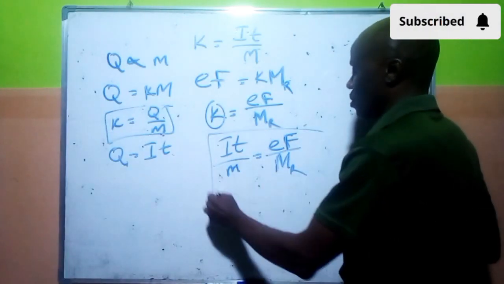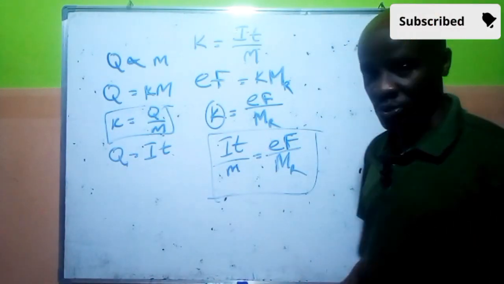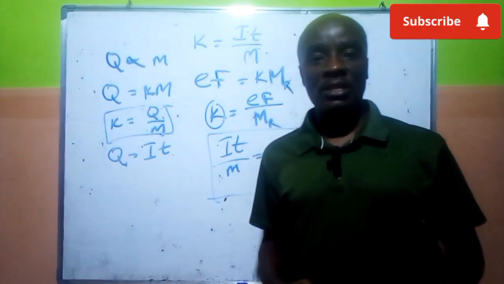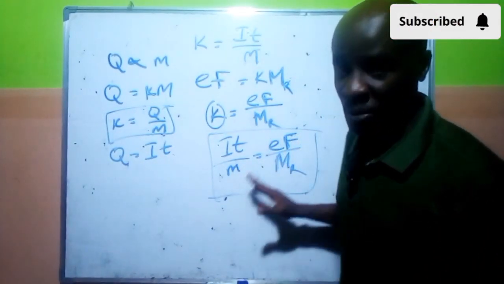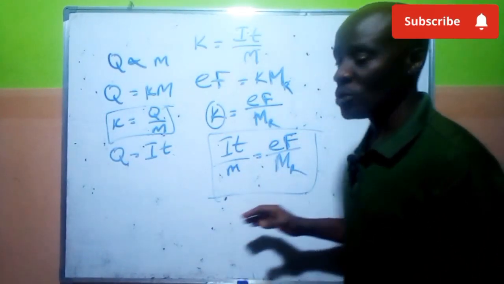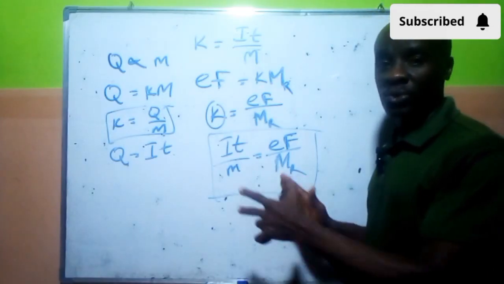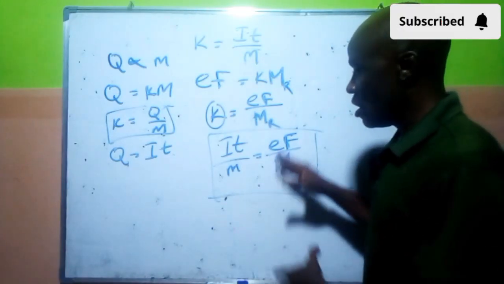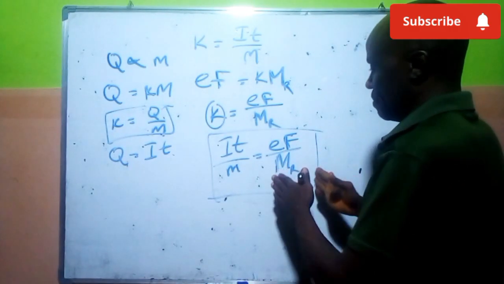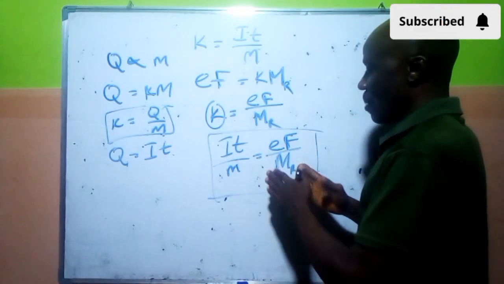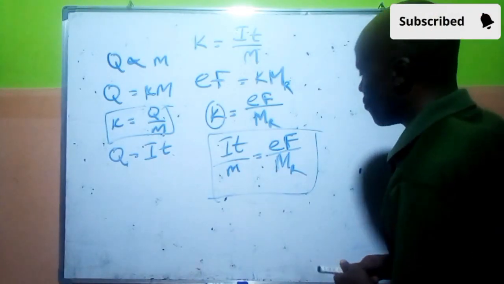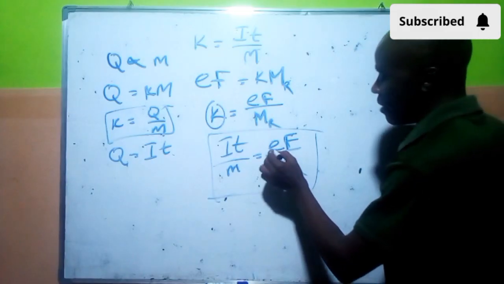This equation is one of the equations that really helped me understand how to do calculations that involve electrolysis, and that's what I'm going to help you understand today. We're going to apply it and learn how to maneuver it to get whatever we want. So if we are to calculate the number of moles, the amount, we can rearrange this.